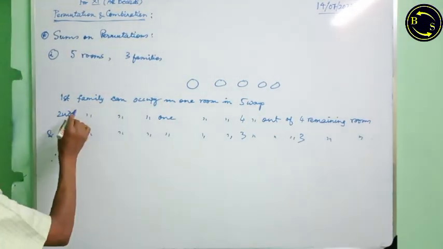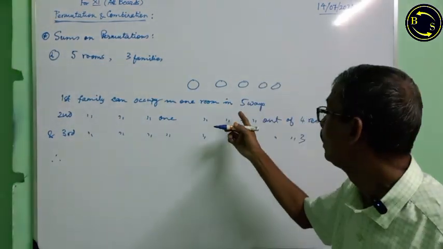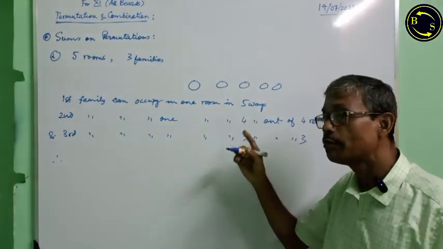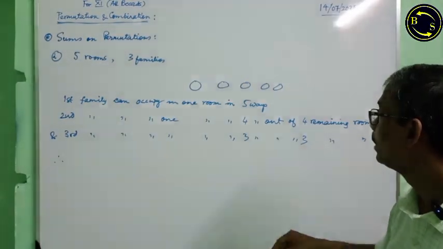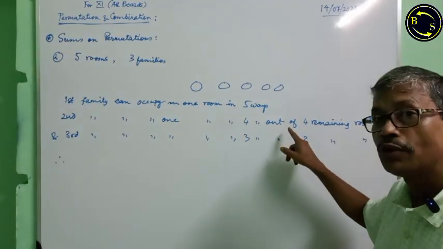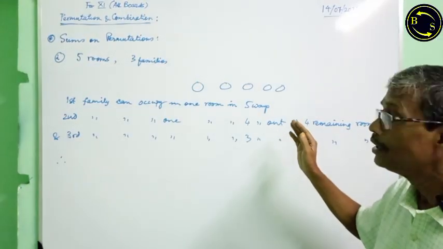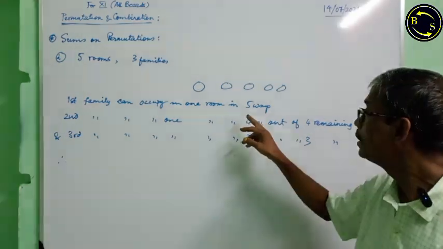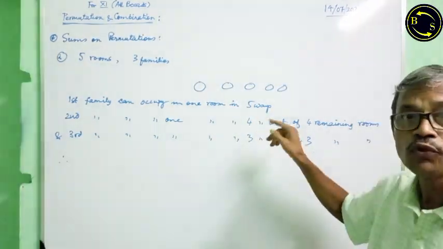Therefore, now we follow. After one room occupied by first family in one way, number of ways of occupying the second family will be 4. Therefore, total number of ways of occupying by the 2 families will be 5 into 4.